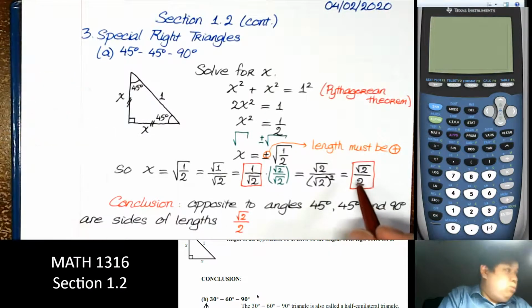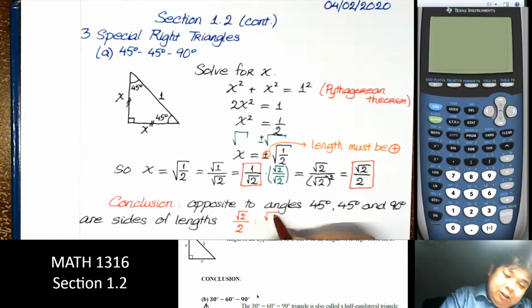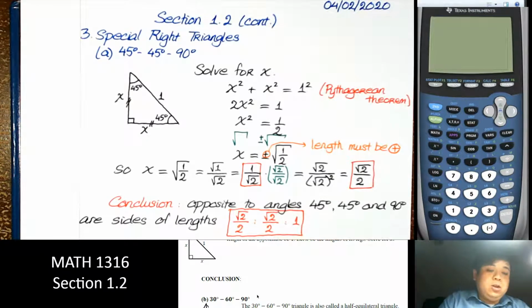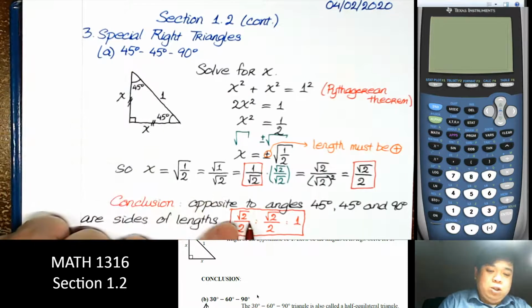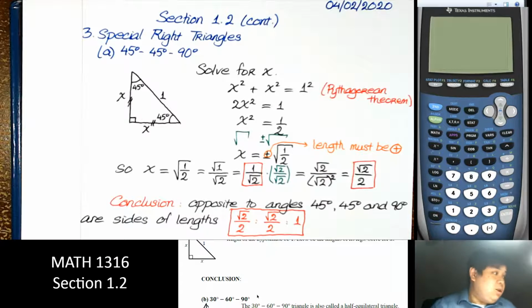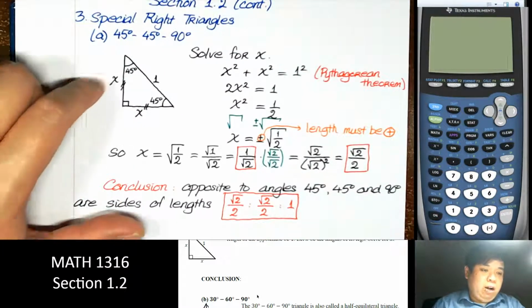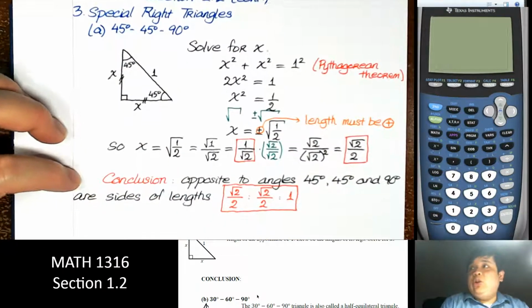Square root of 2 over 2 is more standard, the one that has no square root at the bottom. So on the 45, 45, and 90 degree triangle, the sides will be square root of 2 over 2, square root of 2 over 2, and then 1. So that is the first special right triangle. 45, 45, 90, and this is the ratio of the lengths.